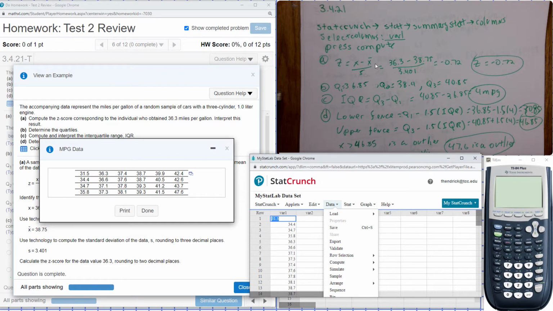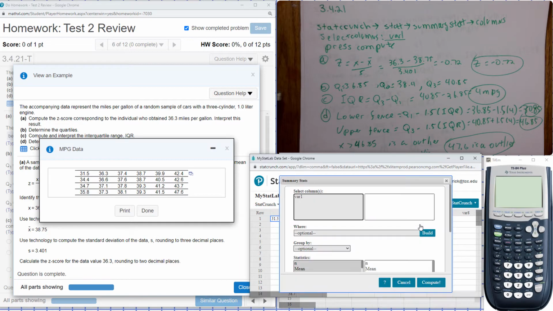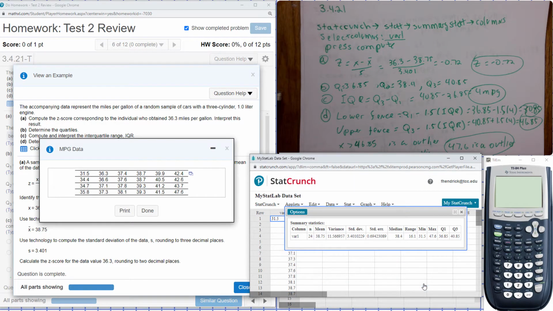So according to this, we can go to Stat, and Summary Stats, and Columns. Select column var 1 and then press Compute. So it gives us what we're looking for here.